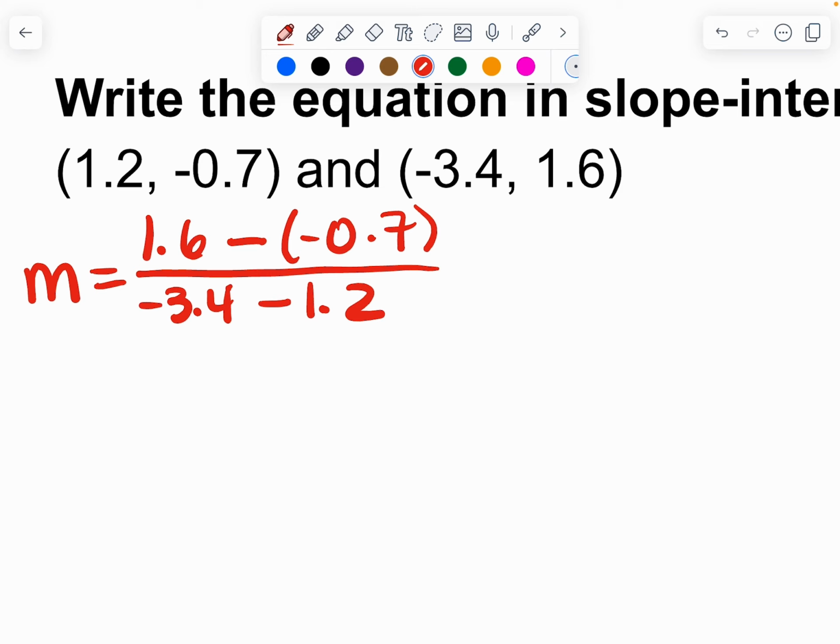Okay, so when we do this problem, make sure that you don't actually subtract 0.7, because you have those 2 negatives. You're going to be adding those 2 numbers together.